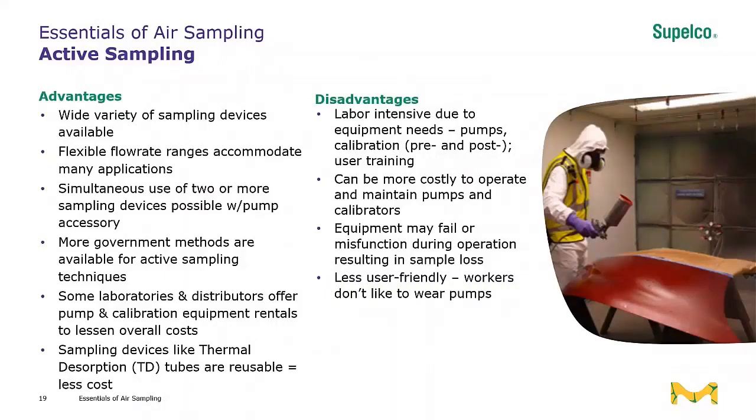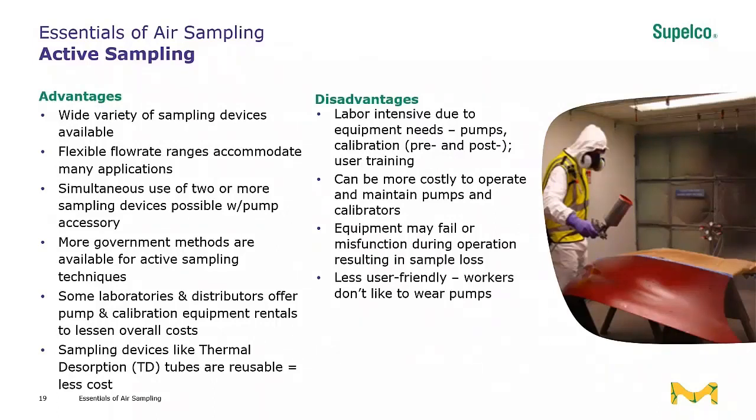And in these methods, there are listed flexible flow rate ranges to accommodate your applications and sampling needs. And with active sampling, you can sample more than one tube or one product at a time with a pump accessory.